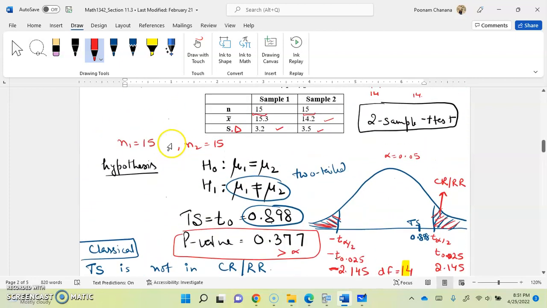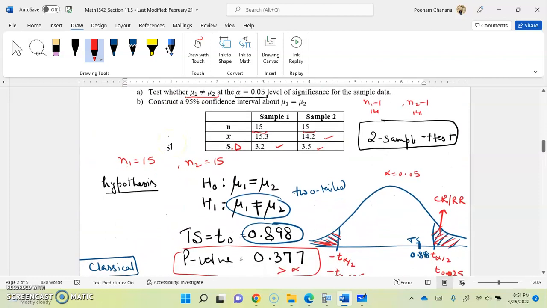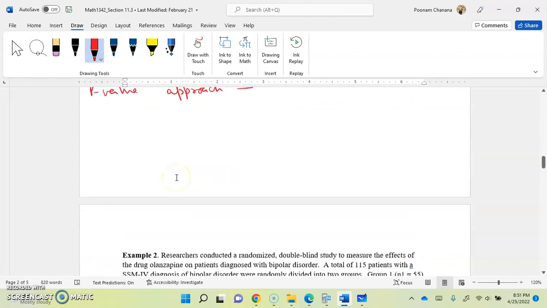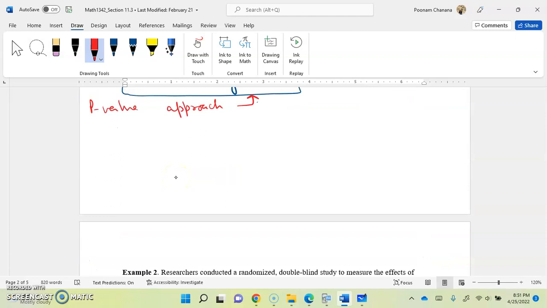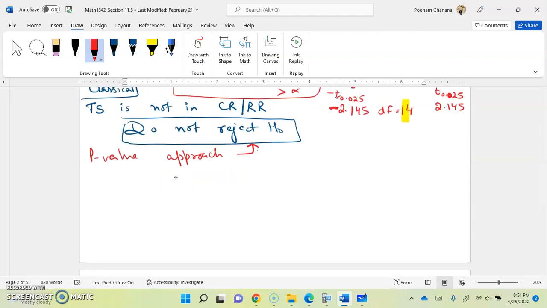So what is our conclusion? Our hypotheses were here. We are saying do not reject H naught. That means reject H1, right? So what will be the conclusion?